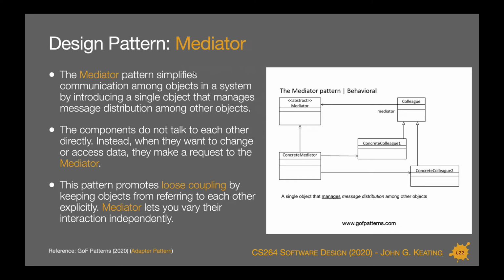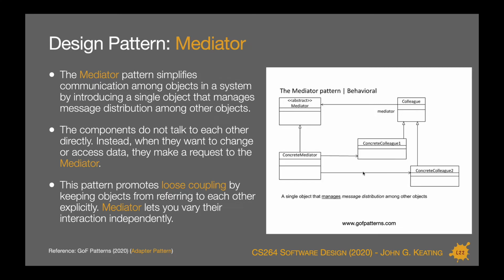Mediator, as I mentioned already, is a very simple straightforward pattern, has a structure that's similar to other patterns, but it simplifies communication between objects in a system by introducing a single object that manages message distribution among all the other objects. So we have a mediator object here. It implements an interface, which is a mediator interface.